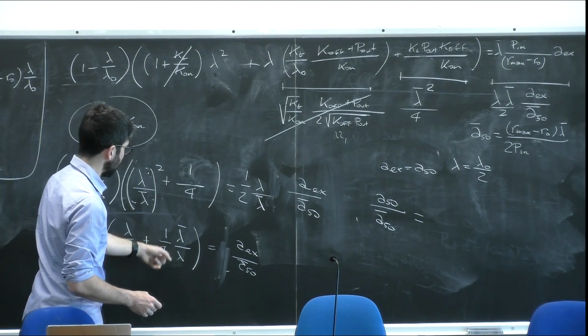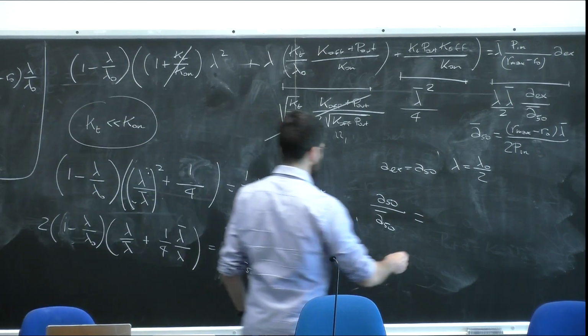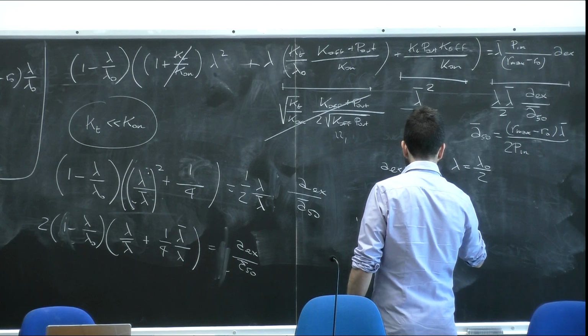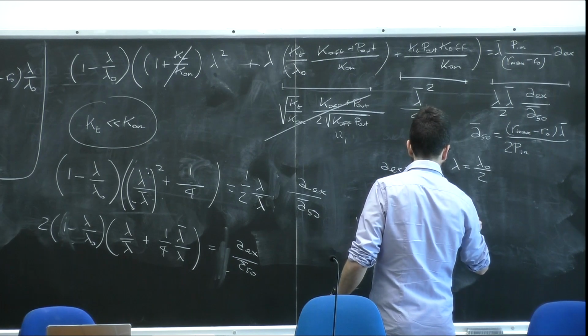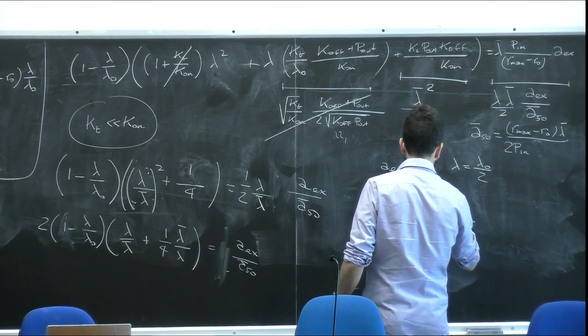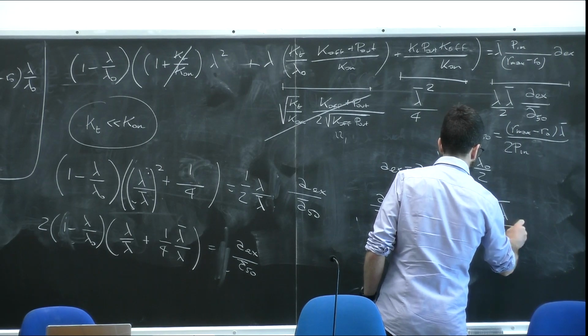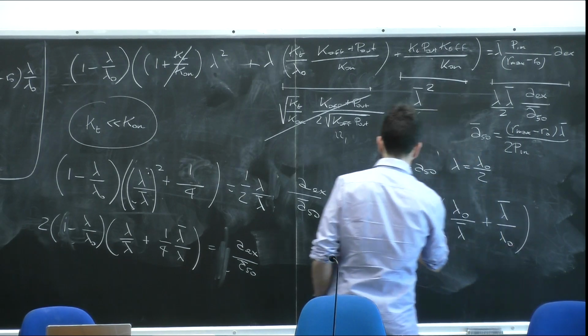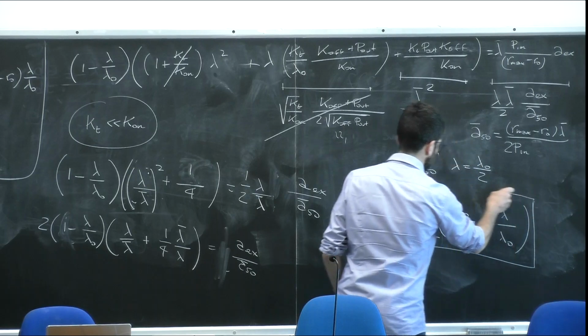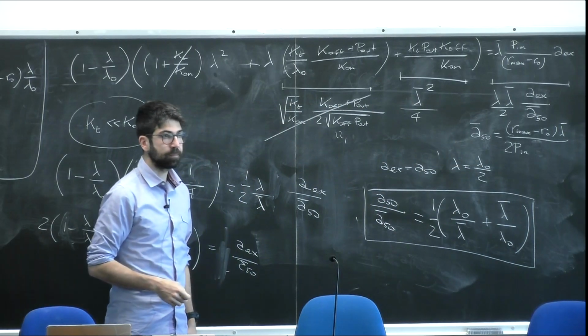And here I get a 2 which simplifies this. So if you substitute, what you get there is lambda naught over lambda bar plus lambda bar over lambda naught. Okay?